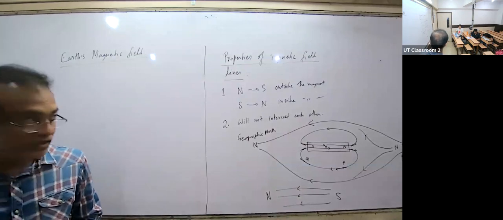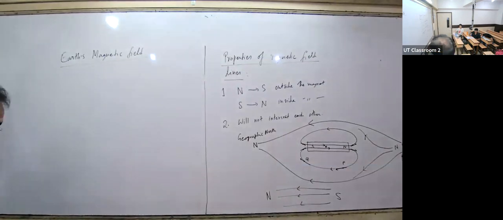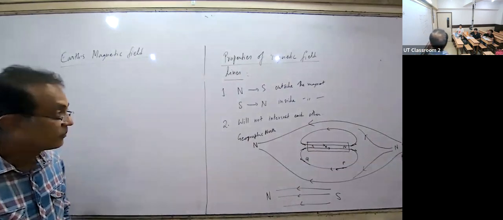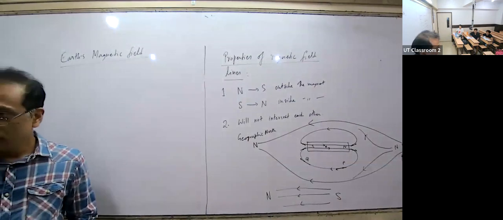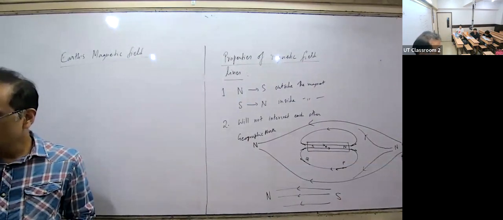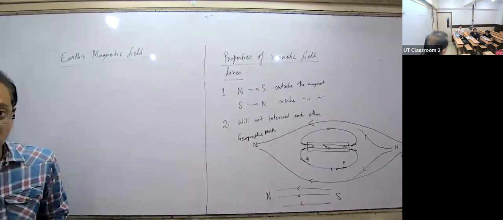Okay, so be alert. So Earth's magnetic field. देखो, this is going to be interesting. So far we have been telling that whenever you suspend a magnet, it points in Earth's north-south direction. Okay, so we'll figure out the reason why.